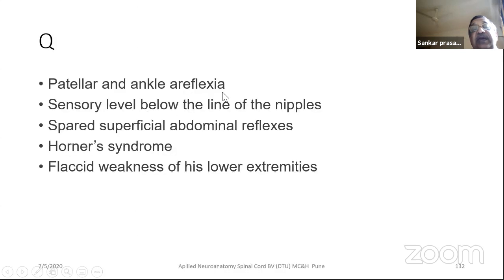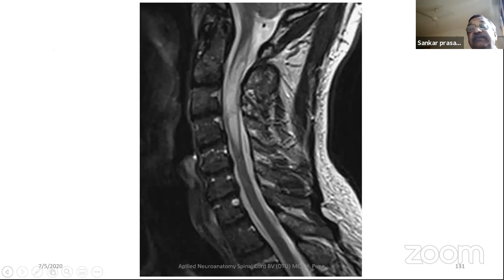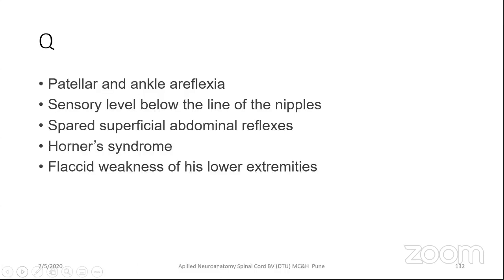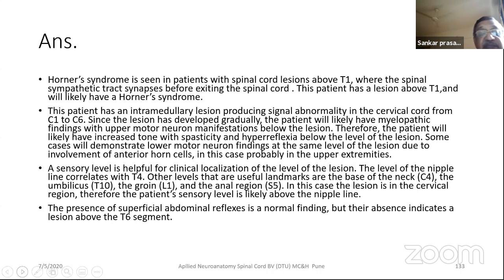Patellar and ankle areflexia, sensory level below the line of the nipples, spared superficial abdominal reflexes, Horner syndrome, flaccid weakness of his lower extremities. Out of these 5 choices, you have to select one for this case. Horner syndrome, yes, that's correct. Excellent. So he's got Horner syndrome in patients with spinal cord lesions above T1.